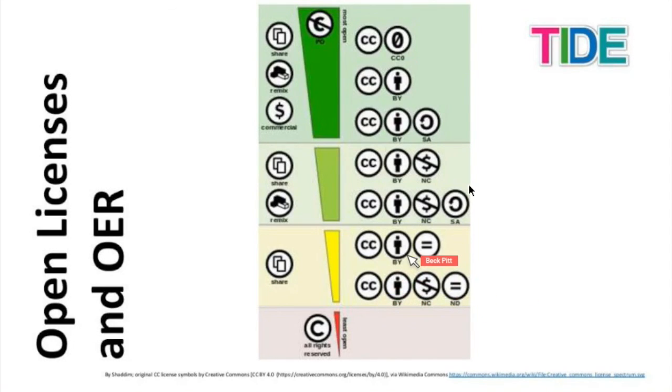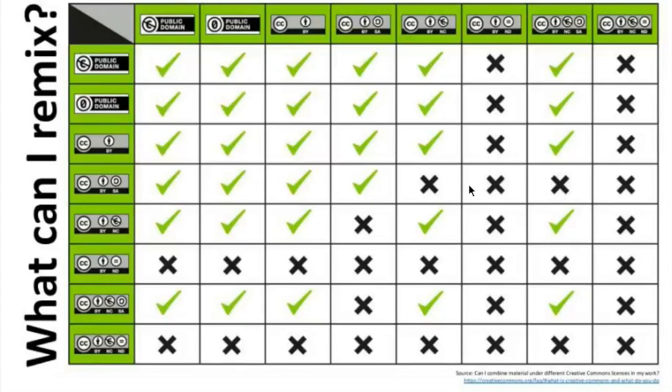Whereas the other license types allow you to make changes to the resource. So hopefully that's a useful contextualization of open licenses, or this particular type of open license and OER.